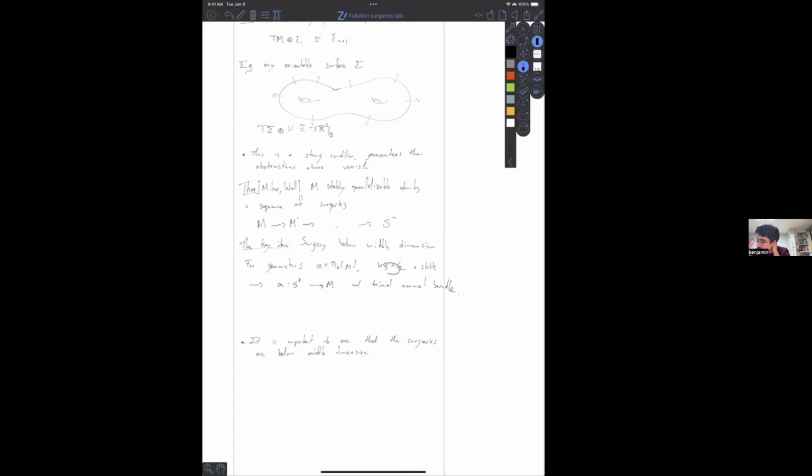So that means you can do the surgery and kill this class. And you can furthermore, if you're a little careful, do it in a way that preserves the fact, so that if this is stably parallelizable, then the next one will also be stably parallelizable. So you can preserve that fact, which lets you continue doing surgery, and you can inductively kill all of the homotopies.